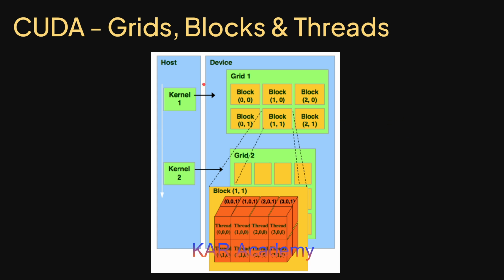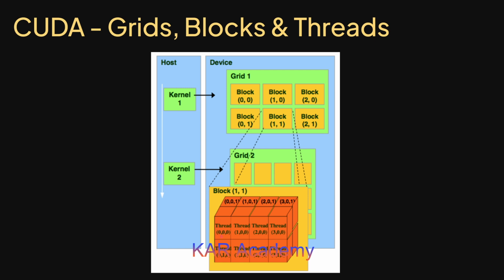So in this example, you can see this grid is 2 by 3. So you have 2 rows and 3 columns, so 2 by 3 blocks, and each block is 2 by 4 by 2. So basically a block consists of three-dimensional threads.